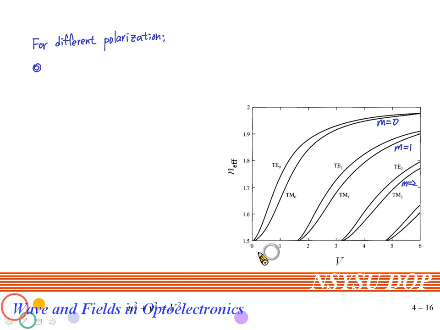First, as you can see, if we increase the value of the normalized frequency, which means that you reduce the wavelength, or you increase the core size, or you increase the core and the cladding index difference, all these ways will make the field guided more in the core region.